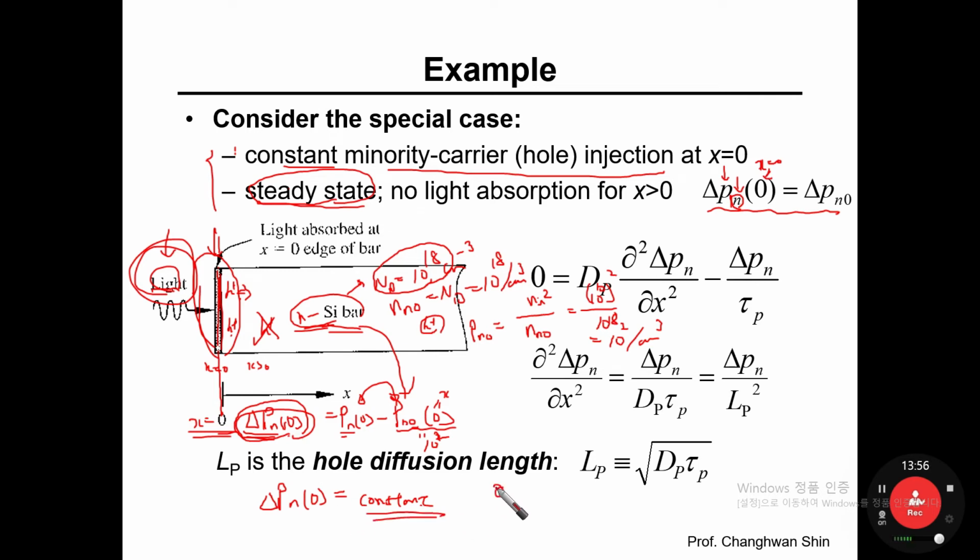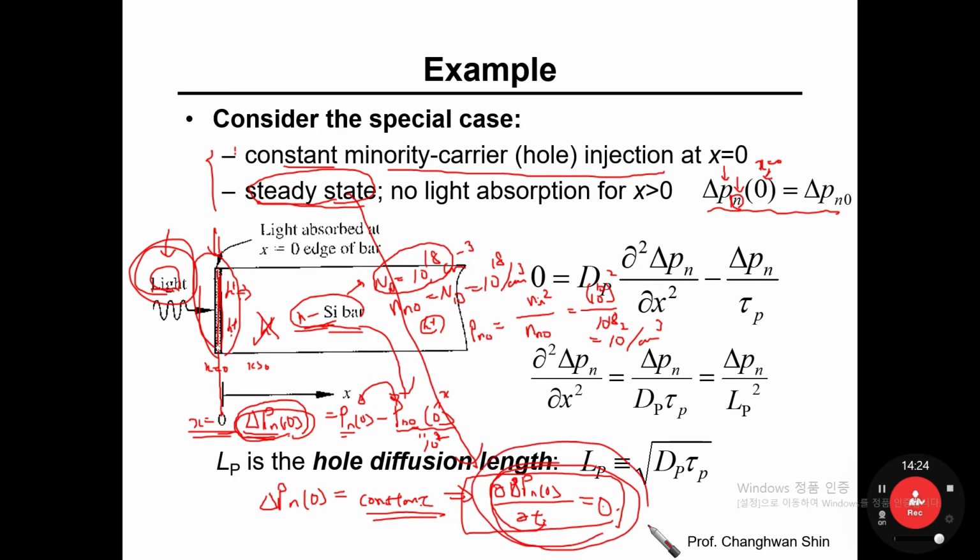In other words, that constant means the partial derivative of delta P n with respect to t is 0. That matches the condition of steady state. So remember this: the partial of delta Pn at x of 0 with respect to t is equal to 0. Remember this.